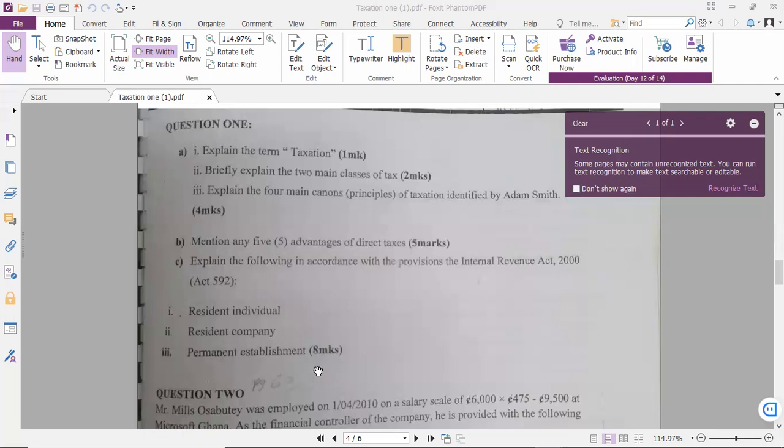So to be considered as a resident person, if you work in Ghana, you receive your salary here in Ghana, and you have work outside which you receive that salary here in Ghana, you can be classified as a resident person.